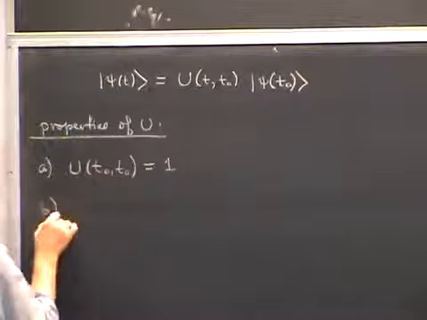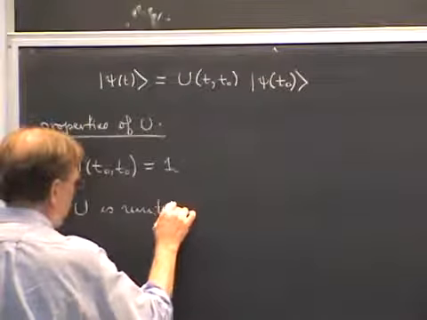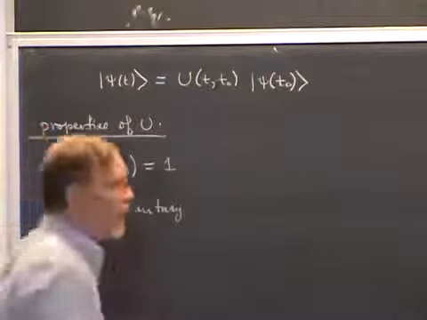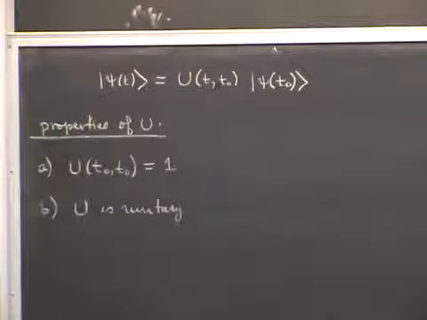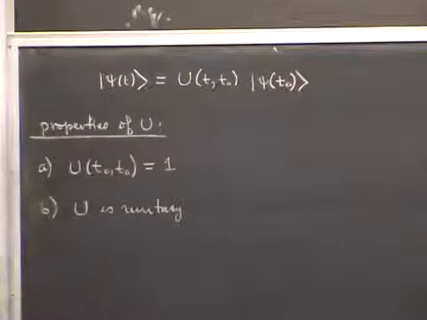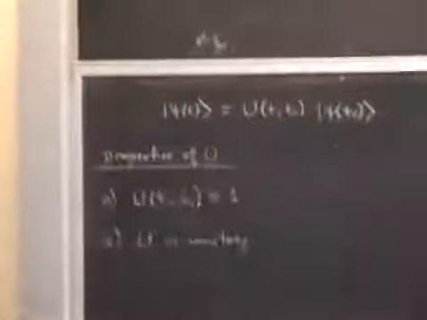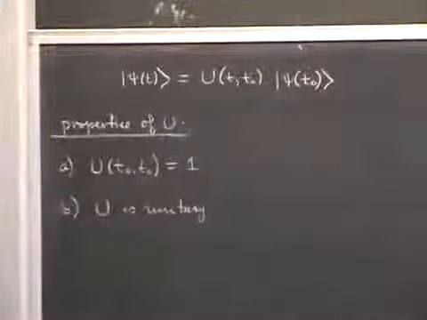The second property that we want to mention is that U is unitary. We require this because unitary operators preserve probabilities, and this is what we expect in our time evolution. If you have a particle somewhere in space with probability 1 initially, then you expect that to be true at a later time also. Well, that is, at least unless you're creating and destroying particles, which you can do in relativity theory.